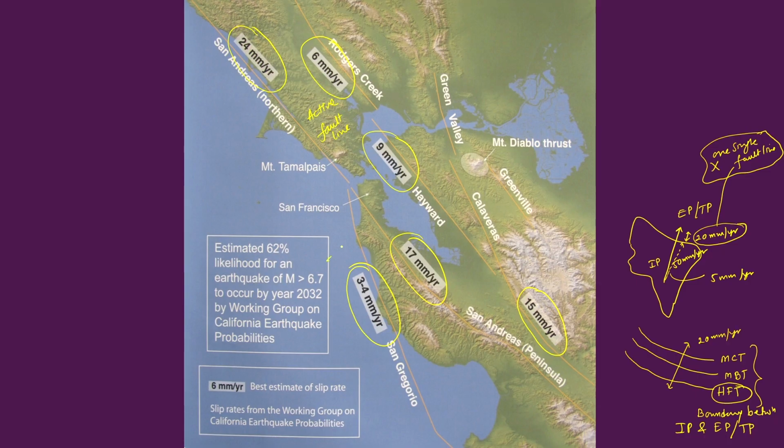Similarly, in this region you see different slip rates, and that slip has a direct relation with the accumulation of strain. So the portion of the weak zone or fault within the fault system where we see higher accumulation, or higher slip, is more vulnerable and can produce earthquakes at a shorter interval.